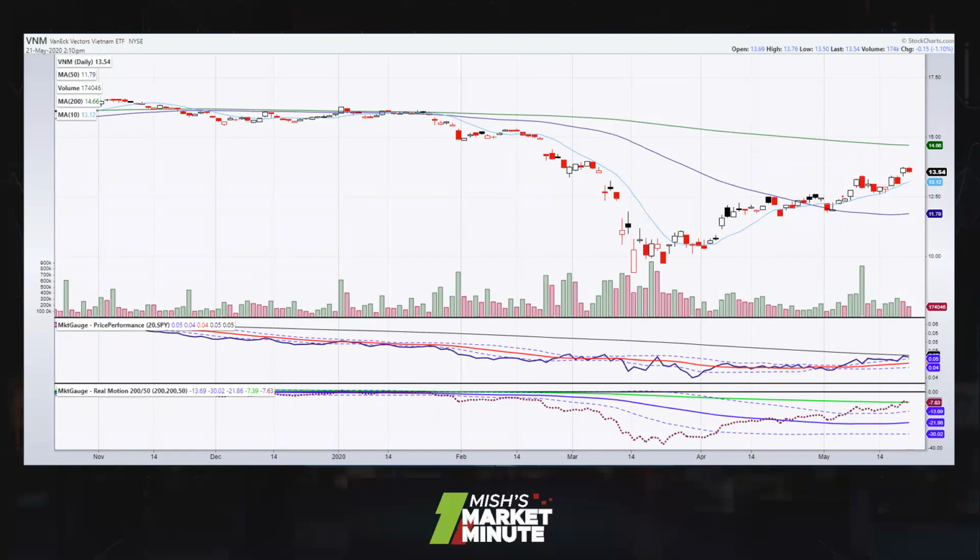Of course, had we been paying attention at that point, which I wasn't, that would have probably been a good entry right there. And you can see that right at the same time, it started to outperform the SPY, and at the same time, it had continued to hold the 50-day on the real motion and clear the actual Bollinger Band.